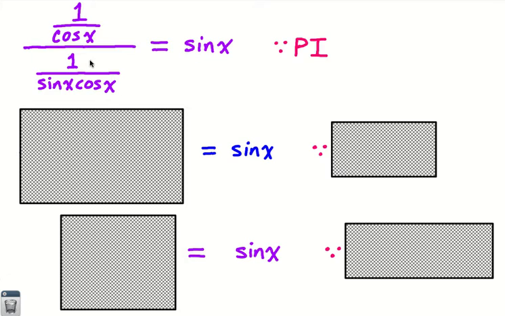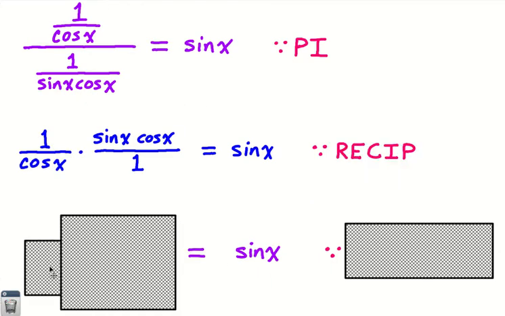Okay, what can we do from here? I hope you look at that and see a fraction divided by a fraction. To be more specific, I hope you see something divided by a fraction. We're dividing by a fraction. How do we divide by a fraction? We multiply by the reciprocal.